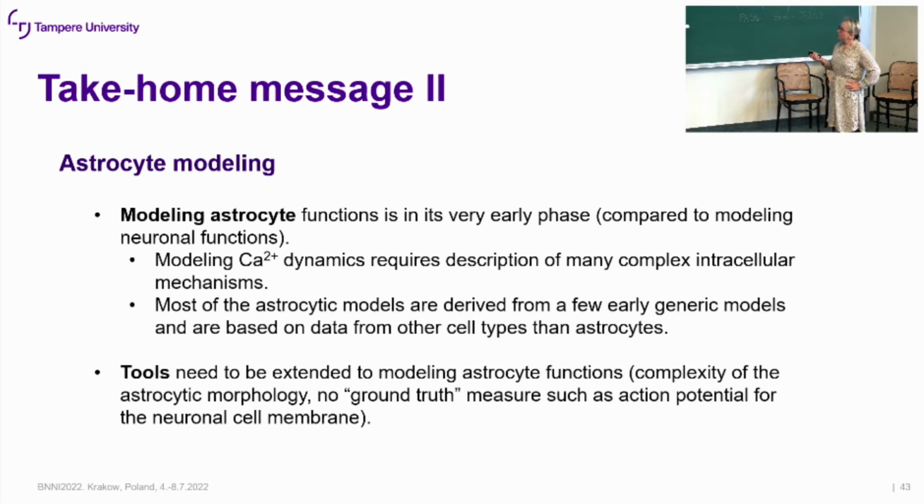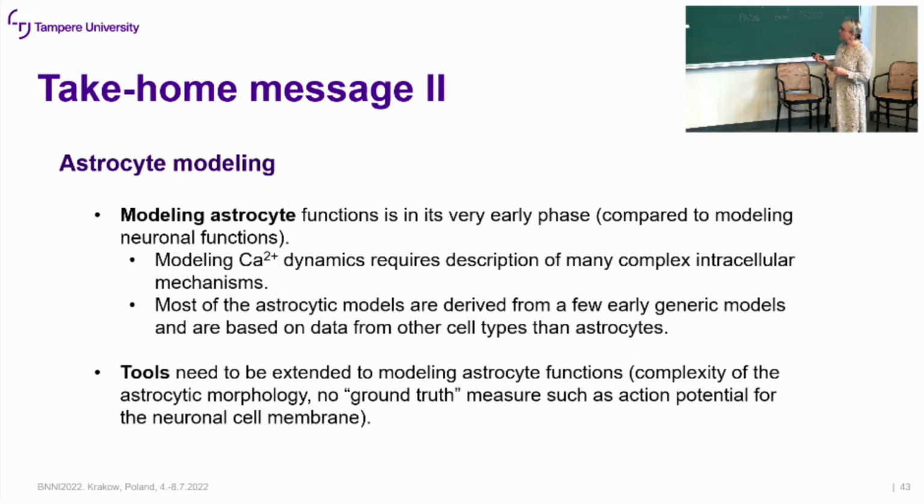And then most of the astrocytic models are derived from very early generic models and are based on data from other cell types than astrocytes. And now it's time to build astrocyte models the same way as we have built neuronal models, based on data from astrocytes. Also, the tools need to be extended to modeling astrocyte functions.